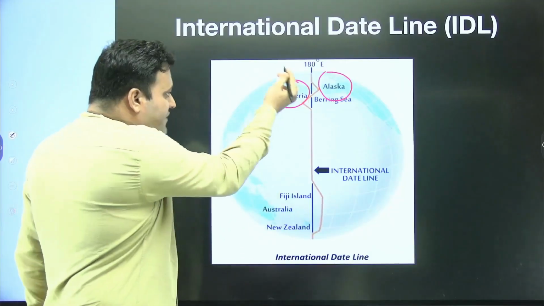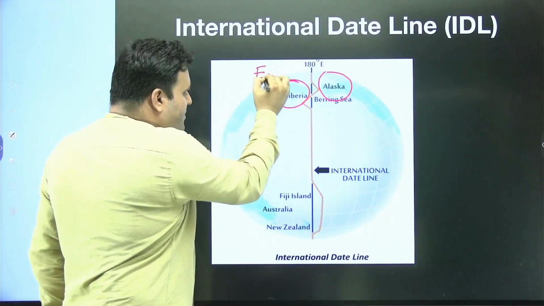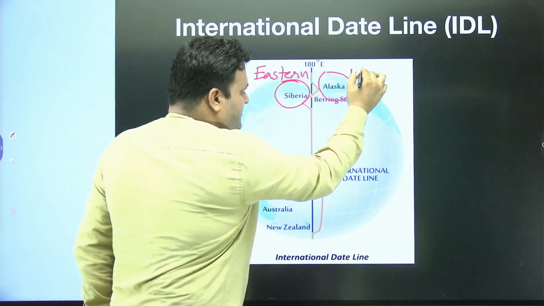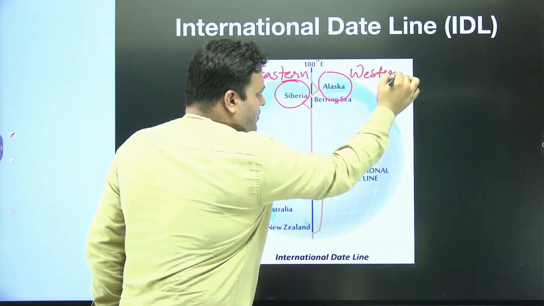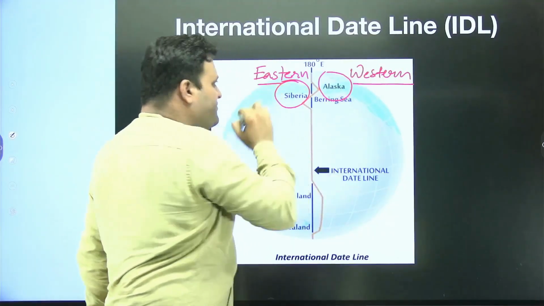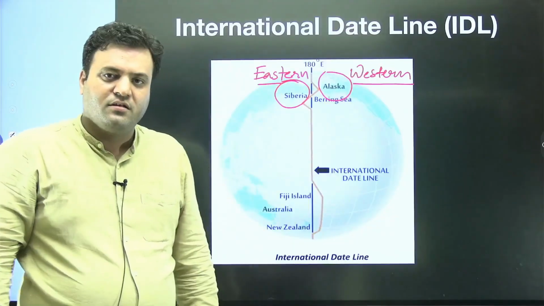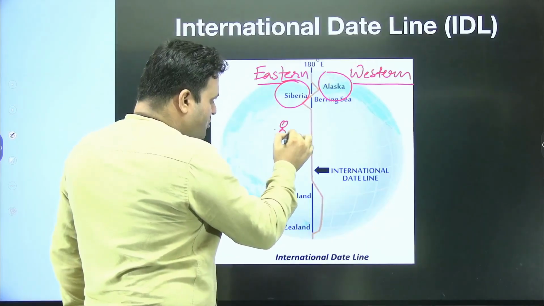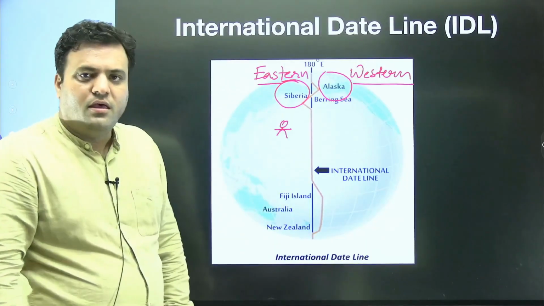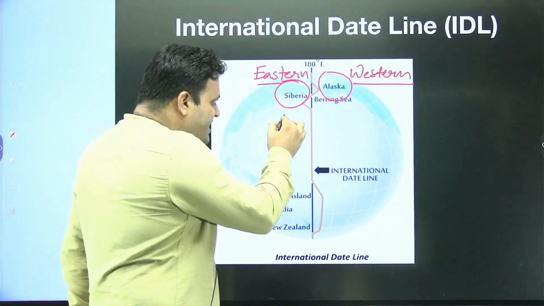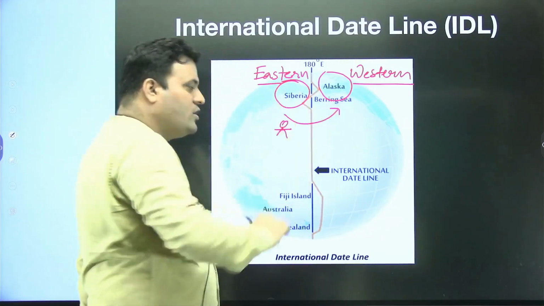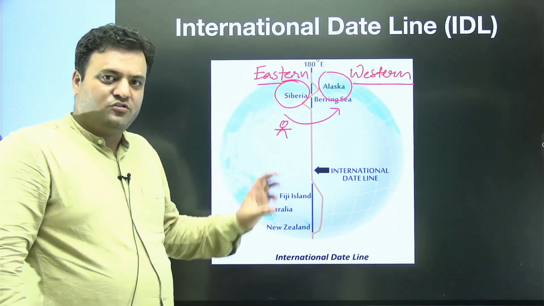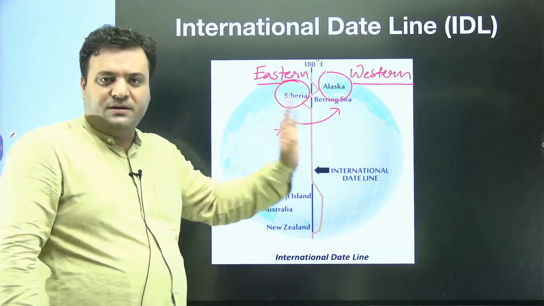So here we have the Eastern Hemisphere, I hope you remember, and here we have the Western Hemisphere. Now suppose there is one person who is in Serbia, and if this person crosses this international date line and goes all the way to Alaska, the person is actually crossing the international date line.